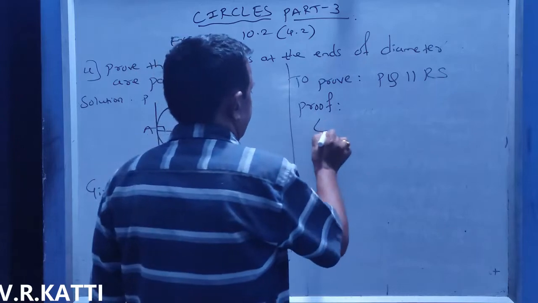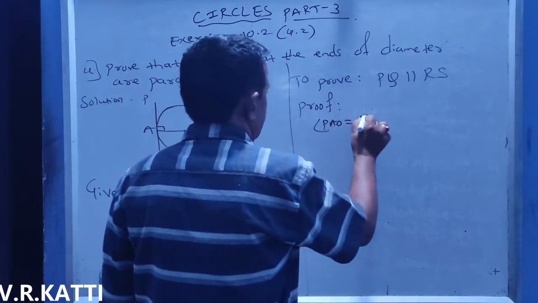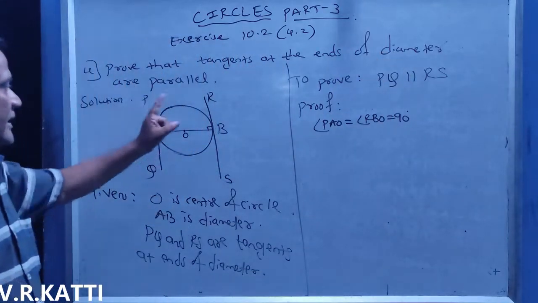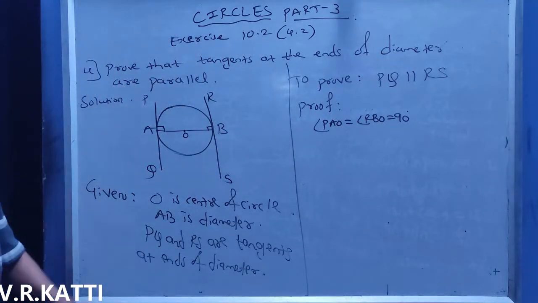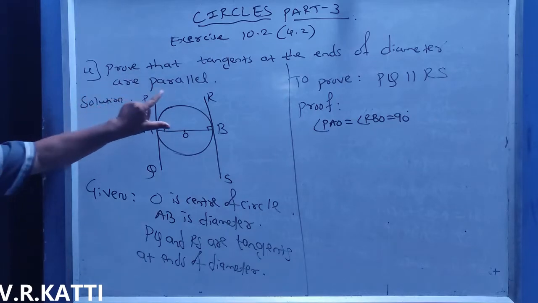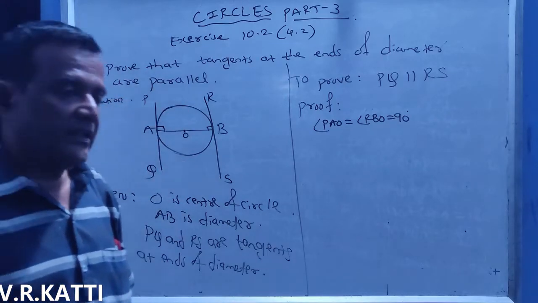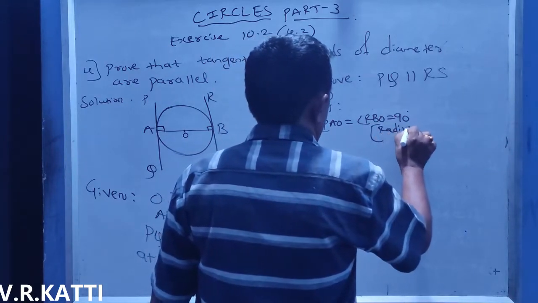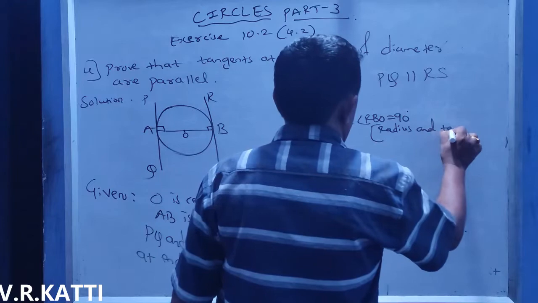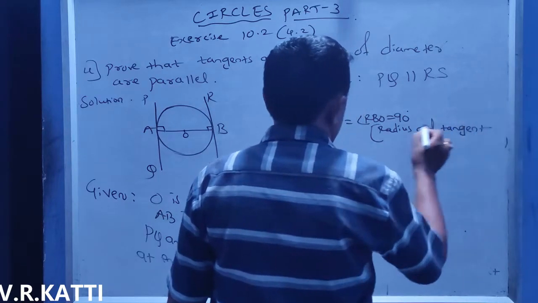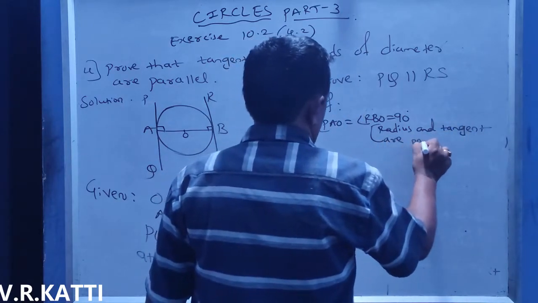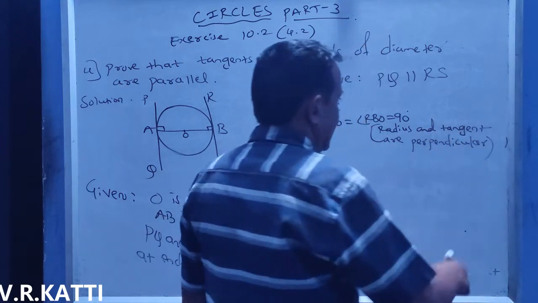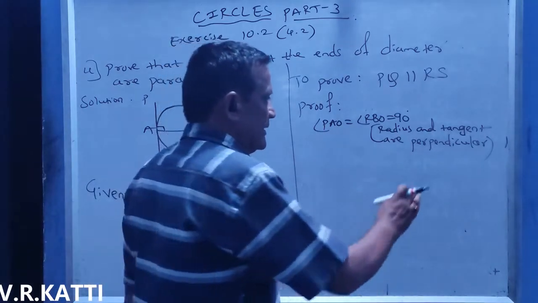Angle PAO equals angle RBO equals 90 degrees. The reason is that the radius and tangent are perpendicular at the point of contact.